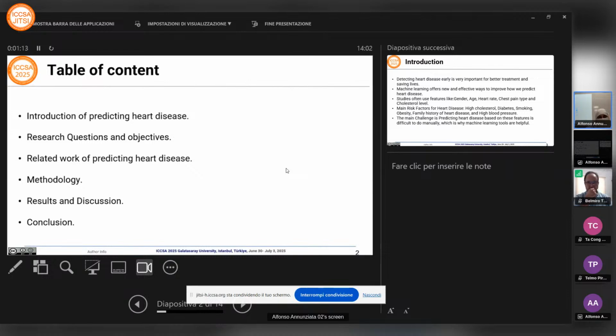Then I will go to the related work. I collected some papers related to predicting heart disease. Then these papers help me to design the methodology for the prediction of heart disease using machine learning. Finally, I will go to the results and discussion, and the conclusion of this work.